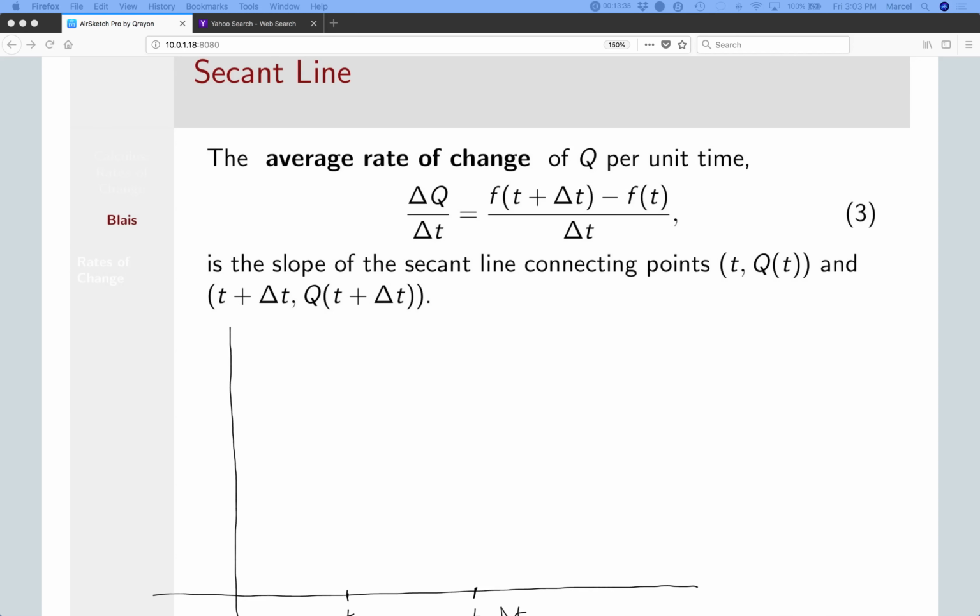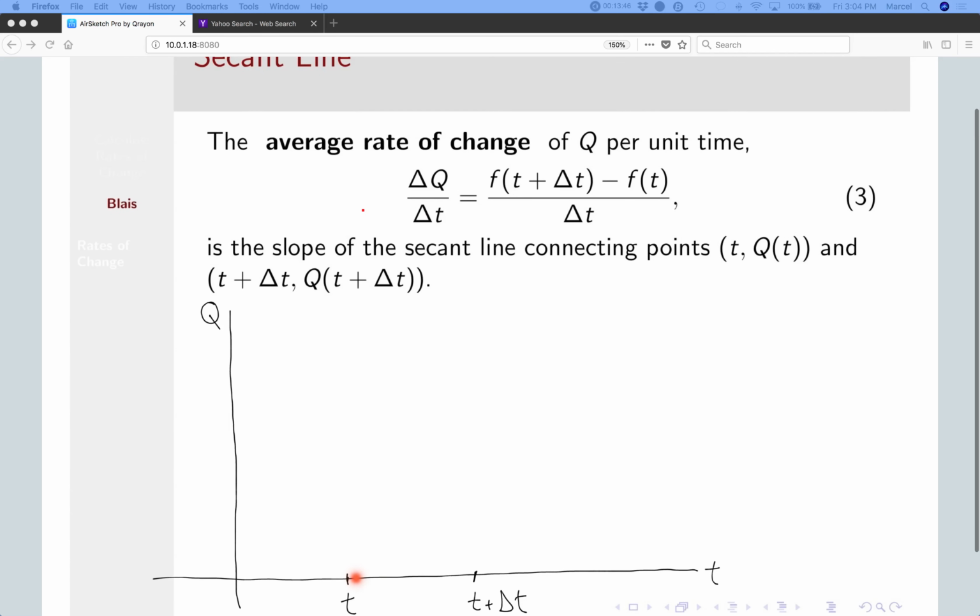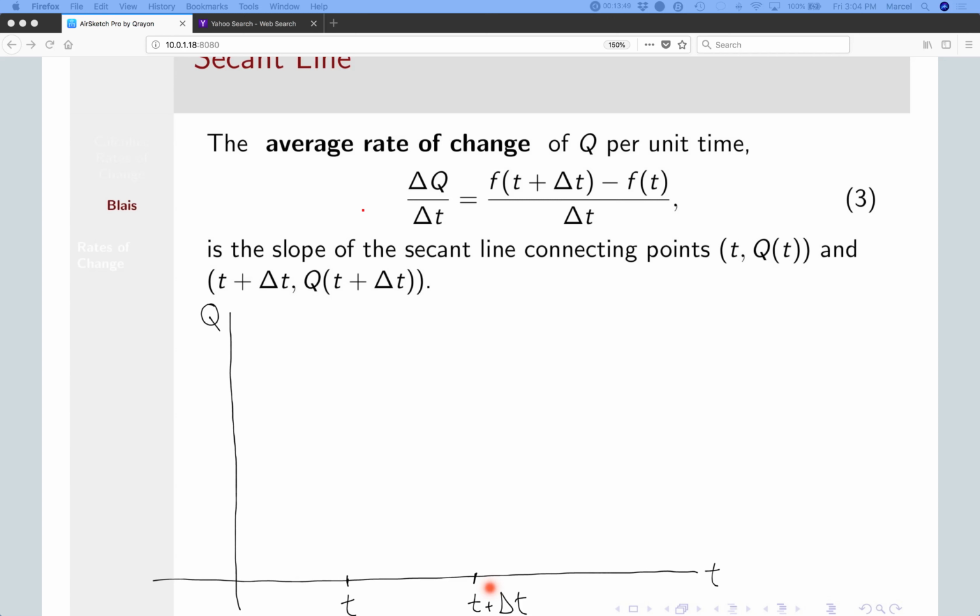So in our framework here, think of this as the starting time, and this is the ending time.